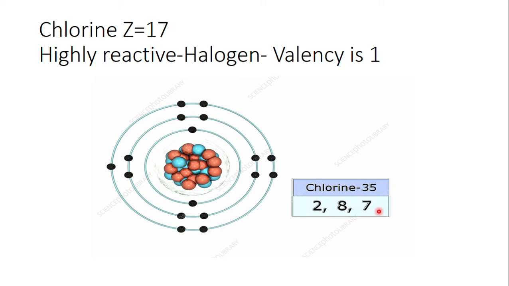It is short of 1 electron to complete its octet of 8 valence electrons. So the valency of chlorine is 1. It is a very highly reactive non-metal, also called a halogen, a salt producer. It is reactive because its valency is 1. It is short of 1 electron and has just 7 valence electrons. So 1 is its combining capacity, or its valency.